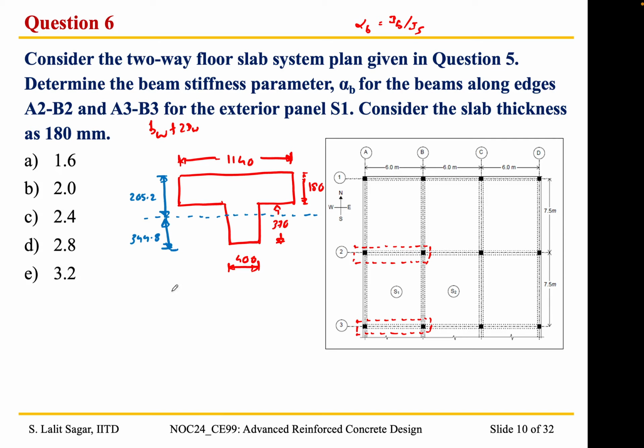The value of IB I'm getting as 8.745 into 10 to the power 9 mm power 4. Okay, now we need to consider the slab.